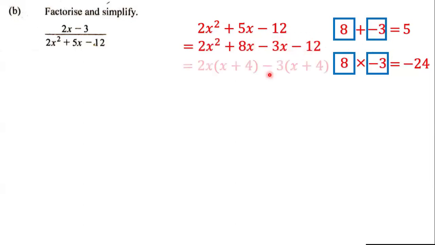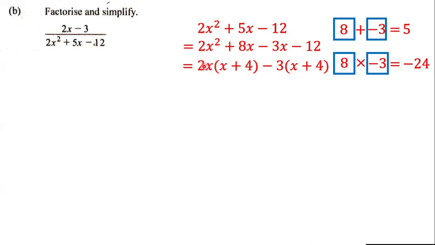We say that 2 is a common factor in this term and this term, because 2 could go into itself and 2 is a factor of 8. We also factor out an x, because x is common in this term and also in this term.